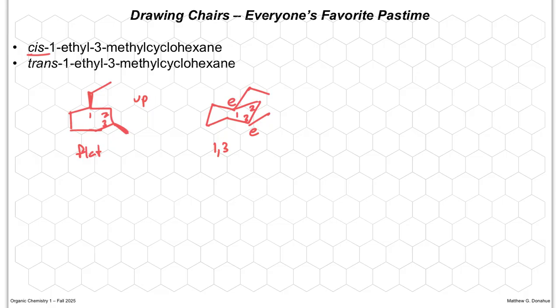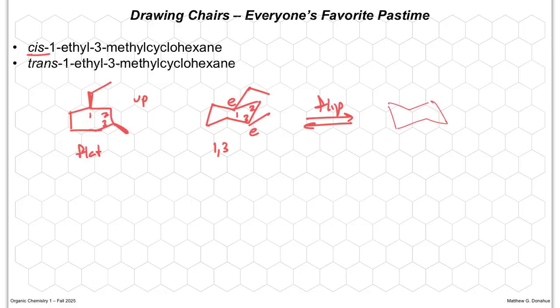If we do a chair flip, and to make interpreting this easier, the carbons that I'm going to flip are going to be that one that's down and that one that's up. So that's the flip. Now, what can be a little confusing about this is the numbering on the ring looks a little different.